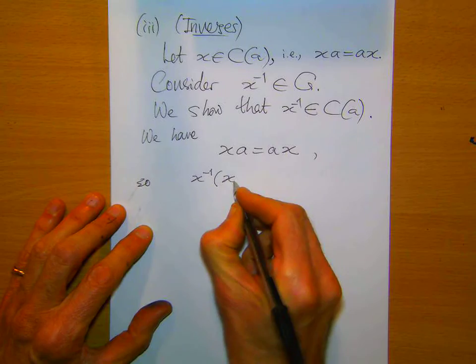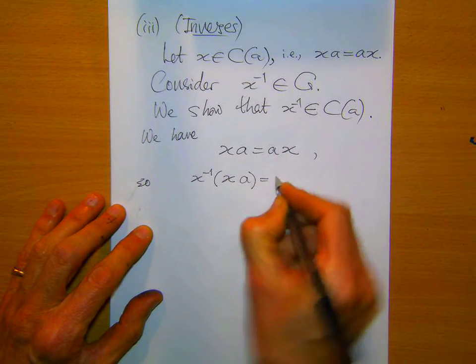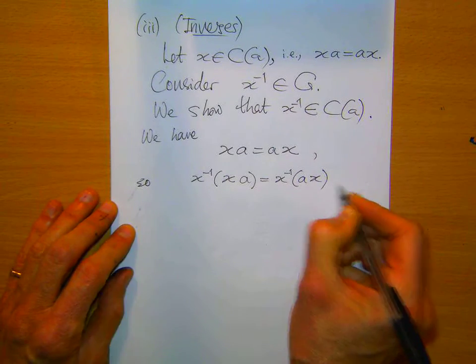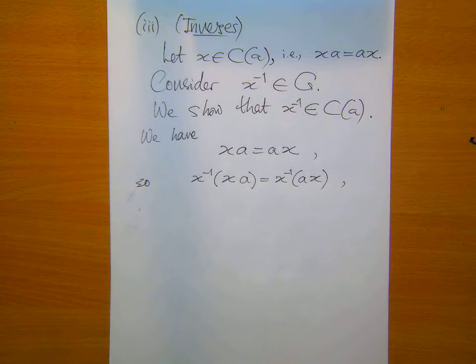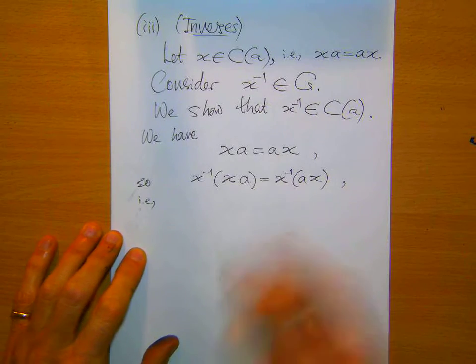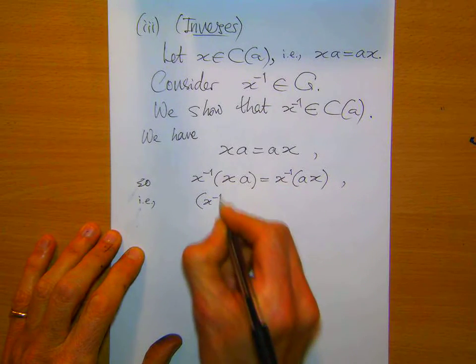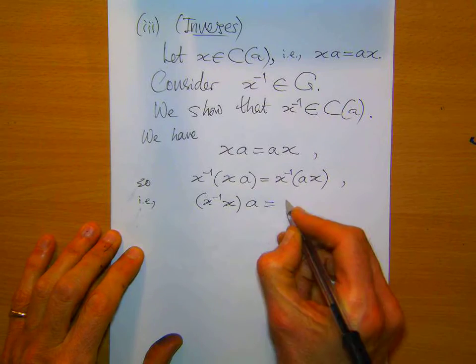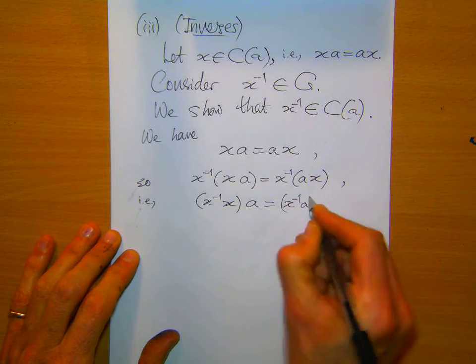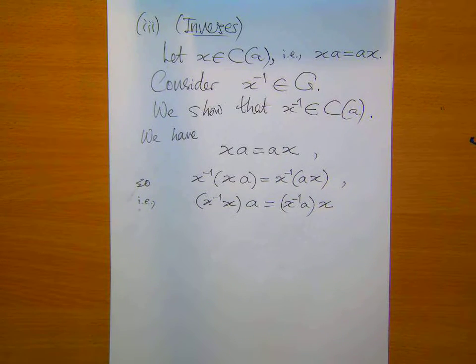So let's do it one step at a time. So I'm going to pre-multiply, or multiply on the left, by x inverse. And we'll do this quite quickly because nothing unsurprising happens. Again, we use associativity. And some of you may want to do this computation a bit more quickly and miss some lines out.